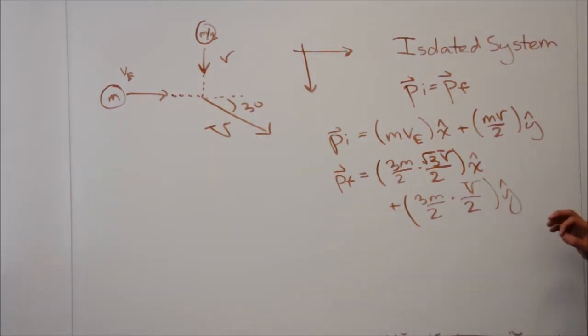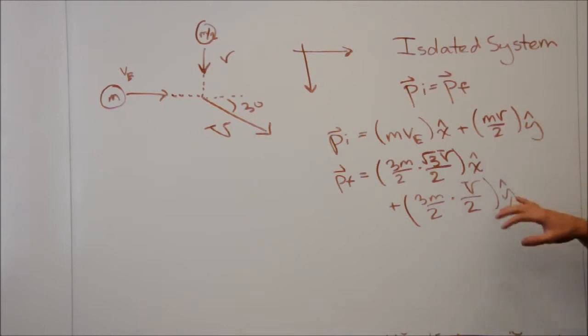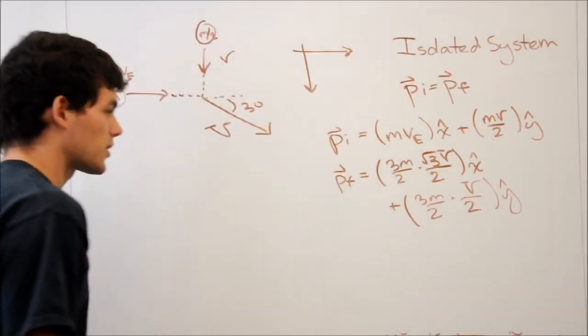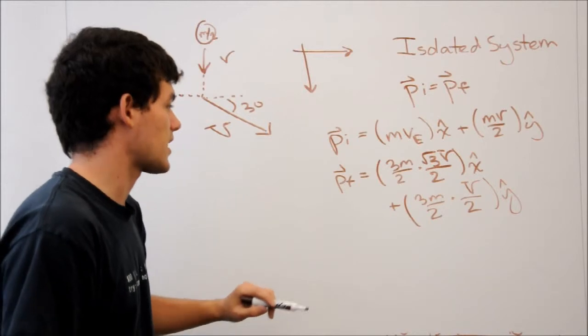And this time, because we don't have any unknown angles, so we don't have any trig functions in here, our big V and little v unknowns are separated, and we don't have to do a system of equations. We can just solve one equation at a time. The first thing we're going to do is solve for big V by comparing the x hat terms.